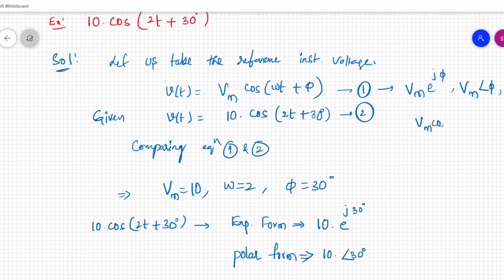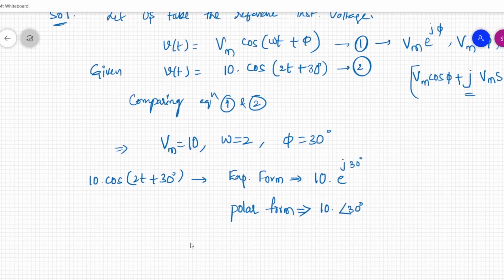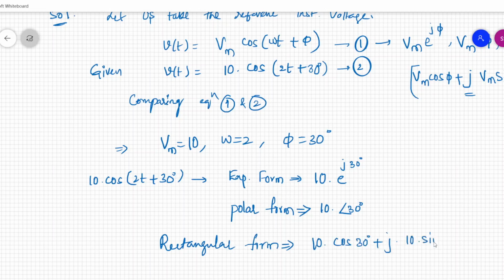The third one, rectangular form, will be Vm cos phi plus j Vm sin phi. I'm going to tell you about this j operator in detail. In rectangular form, Vm is 10, so 10 cos 30 degrees plus j 10 sin 30 degrees.